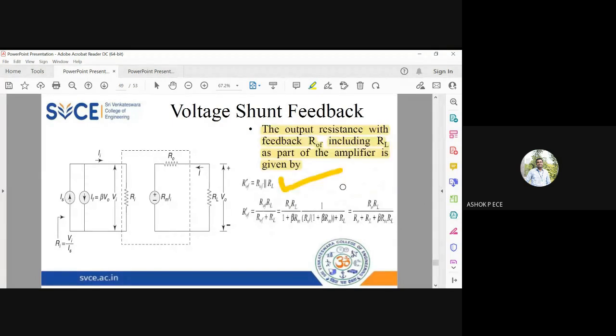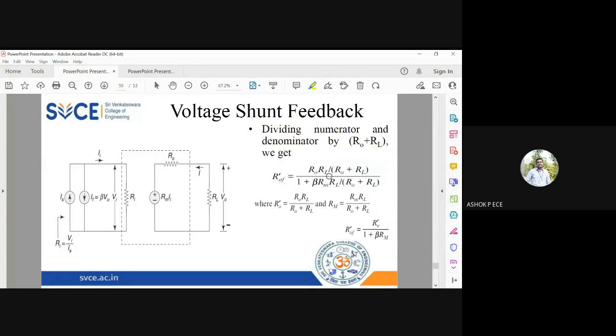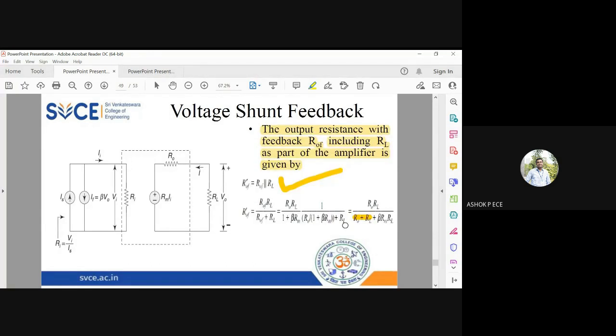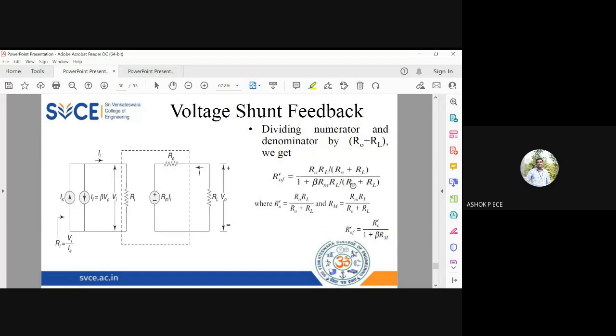So I'm dividing the numerator and denominator by R naught plus RL. See, this R naught plus RL is separately lying here, right? So I'm dividing that with the numerator and denominator. The numerator you see R naught RL by R naught plus RL, divided by denominator. The first term is 1 because it is divided by the same term. This term is 1 plus beta into RM RL by R naught plus RL.